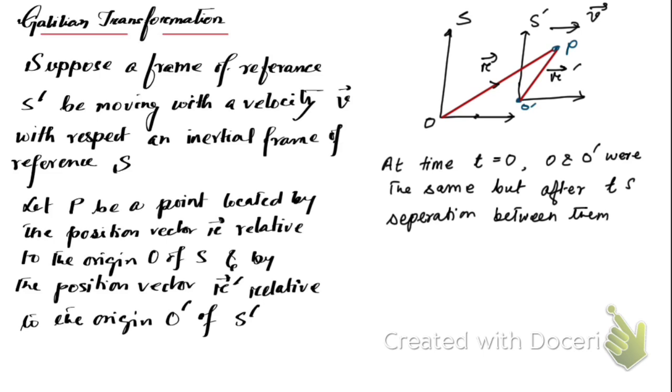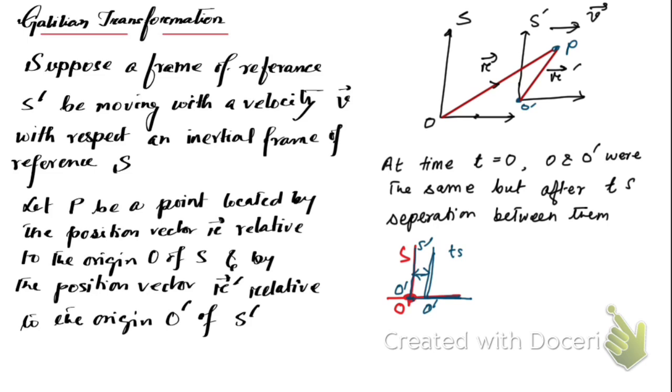Let me consider this way. This is one frame, S, and this is the origin O. The other frame is also at the same position when t is equal to 0, which is S dash, and O dash is also here; both coincide. After time t seconds, S dash moves forward and O dash comes here.